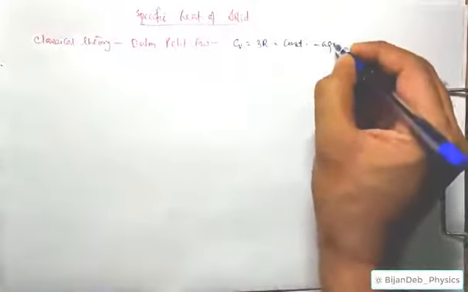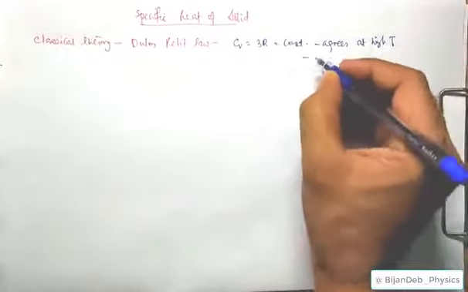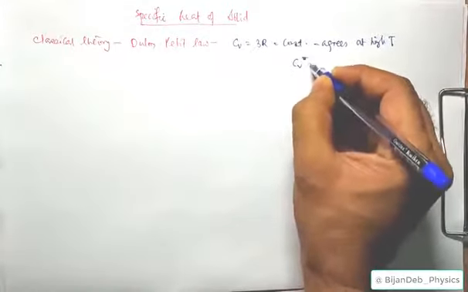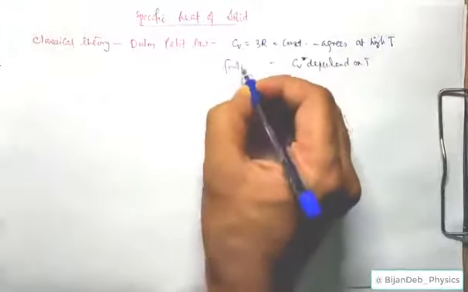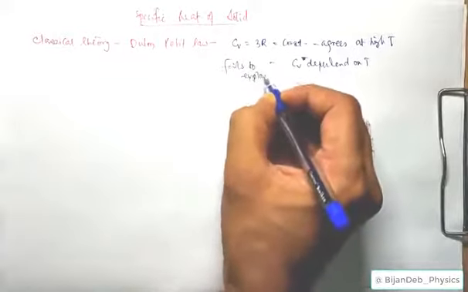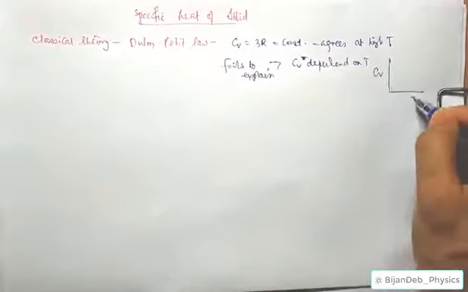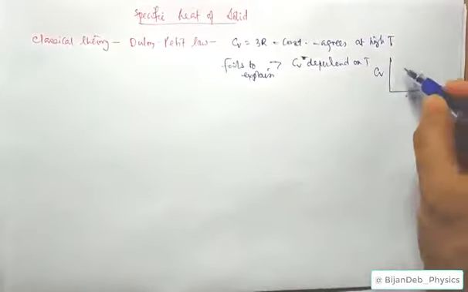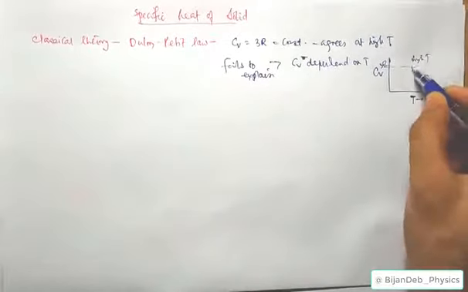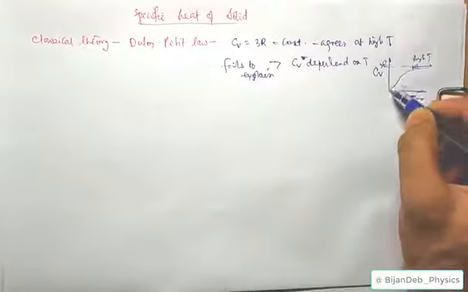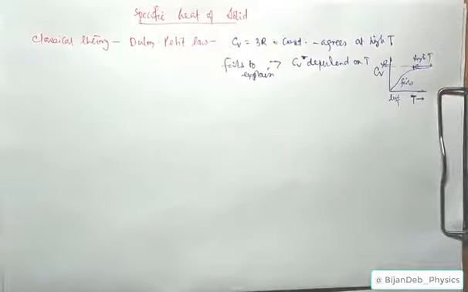So it agrees at high T only, but it fails to explain Cv dependent on T. As a revision, you can check: Cv as a function of T was constant at 3R. At high T it agrees, but as T decreases, it fails in the low T zone. So to overcome this, quantum theory was developed.